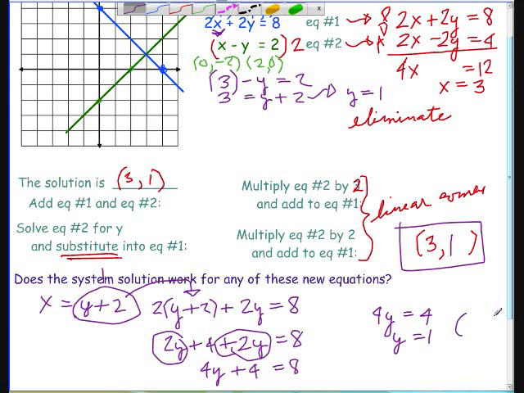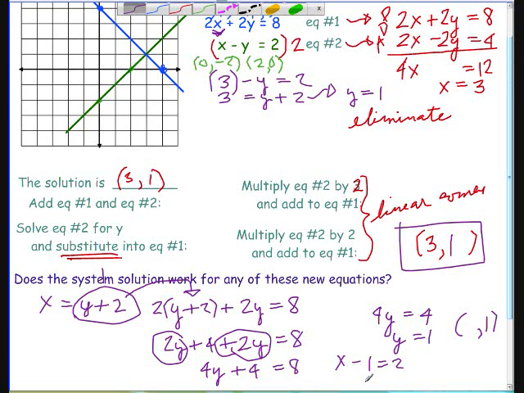So then when I'm thinking about what my solution is, I've got my y. Now I have to figure out my x, and I'm going to go back to the other equation. I could use either one of them, but I'm using the other one because look, it's less complicated. So this is x minus a positive 1 equals 2.